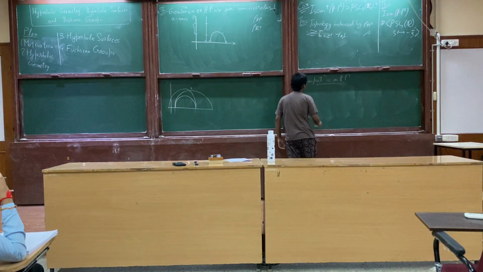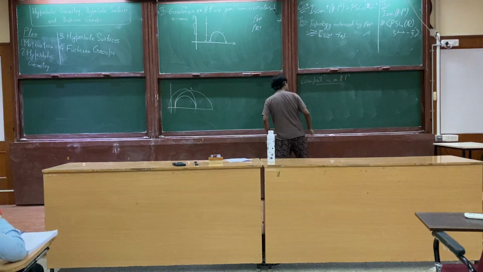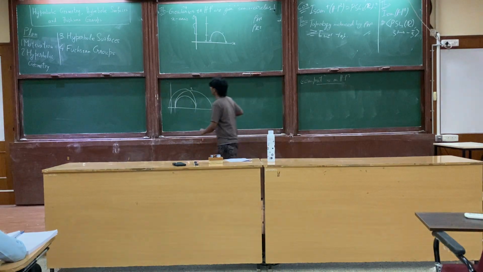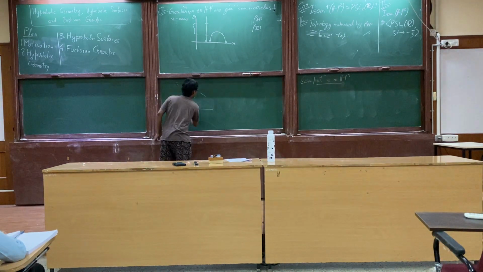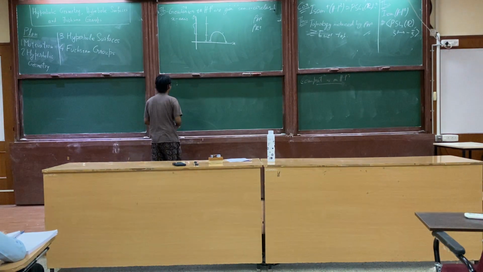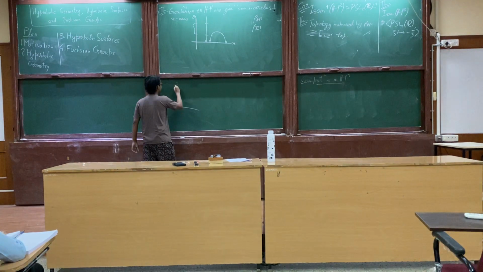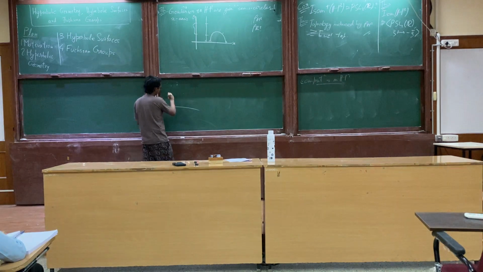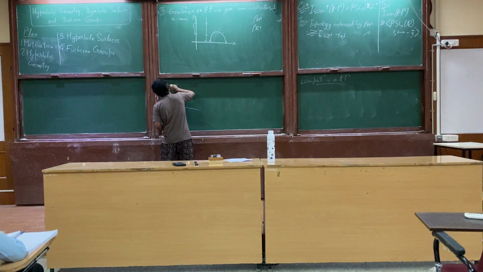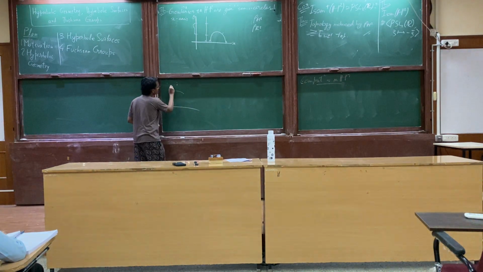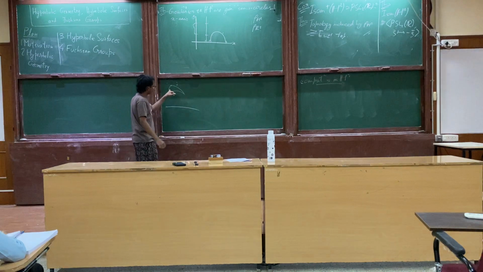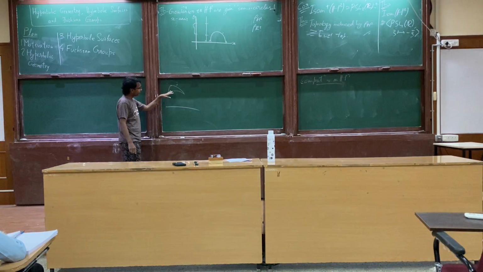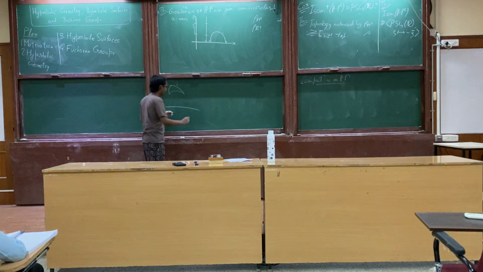So what is a triangle? A triangle, maybe I should draw that figure. A triangle is simply, given any 3 points, you join all pairs, the 3 pairs, using the geodesics between them. Right? So this is what a triangle in H2 looks like. This is one triangle, there's more.